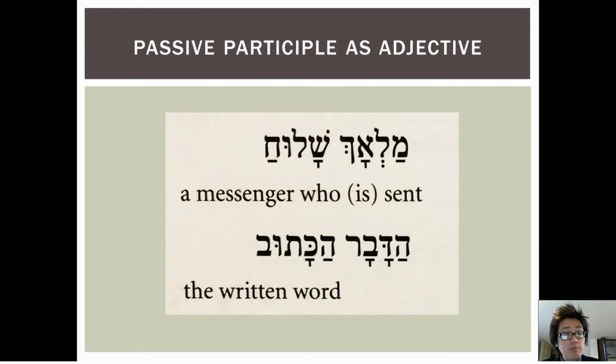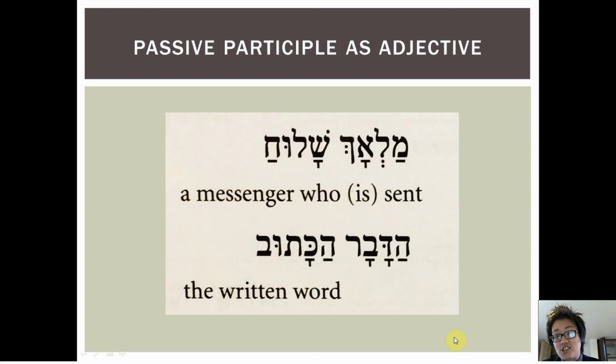Let's look at the passive participle as an adjective. Here we're going to use some of the similar words, malach, shaluach, a messenger who is sent, or we could say a sent messenger. And again, as with the active participles, when the passive participle is functioning as an adjective, it will agree with the noun that it's modifying in terms of gender, number, and definiteness. And that's why in the second word, hadavar, hakatuv, both of them have the definite article, and they are both masculine singular.